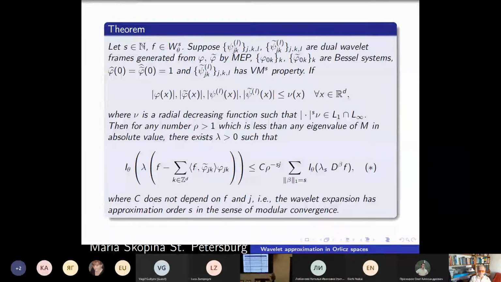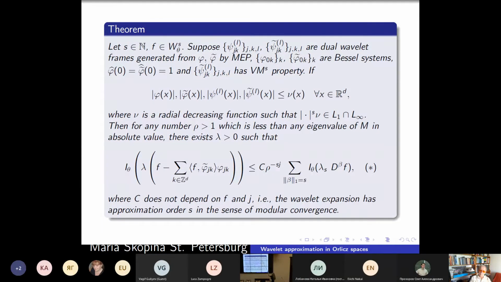And now I'm ready to present a theorem about wavelet frames. Let S be a positive integer, f in the Sobolev Orlicz space. What is it? The Sobolev Orlicz space is the same as in the case of L^p. The L^p space is, of course, a special case of Orlicz space, and the same derivative of order S in Orlicz space.